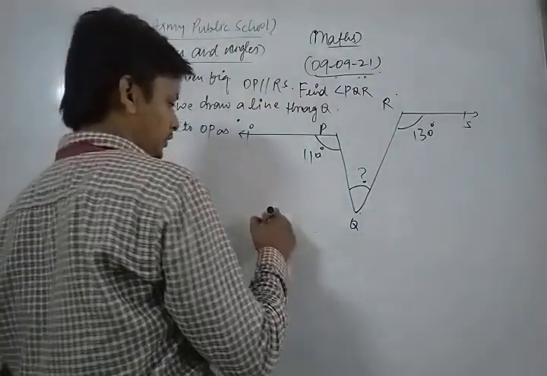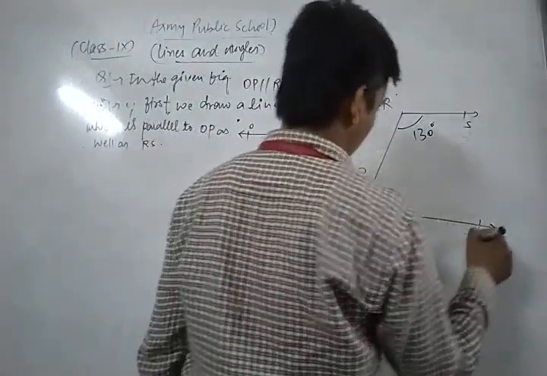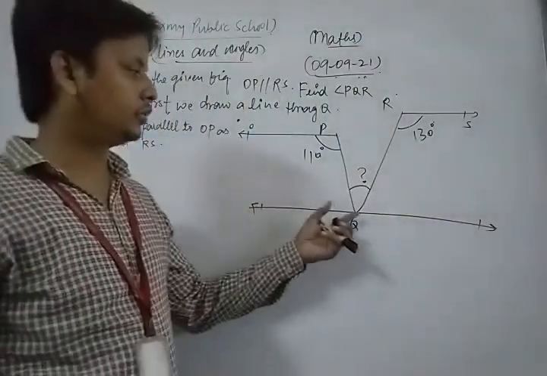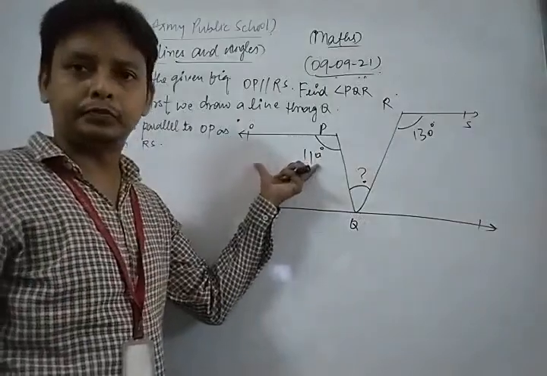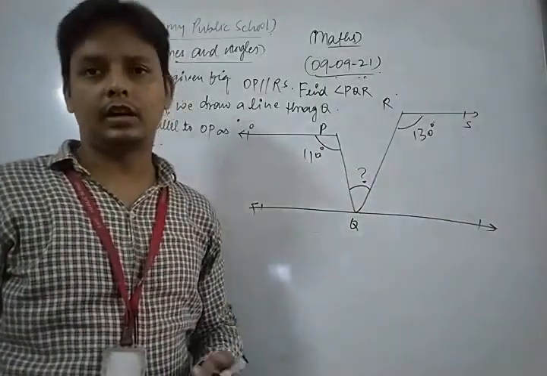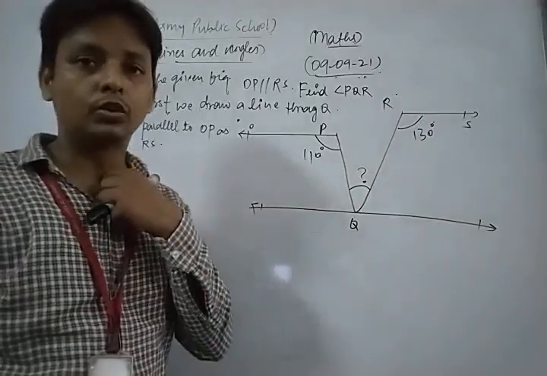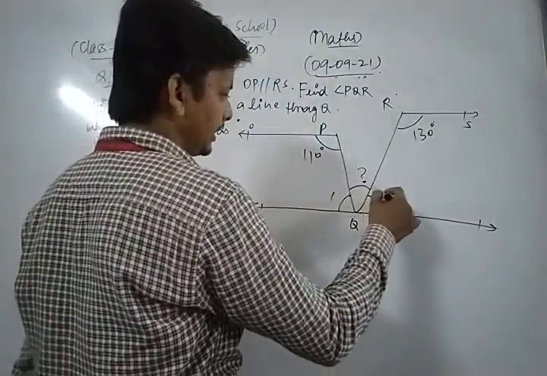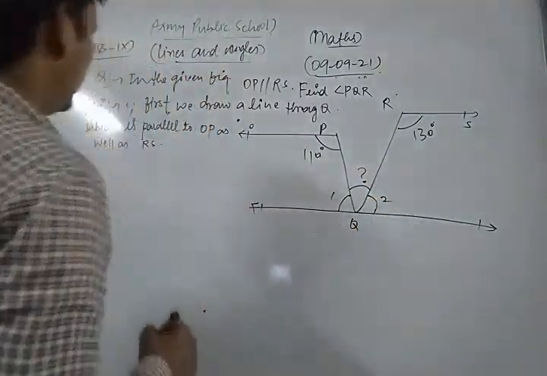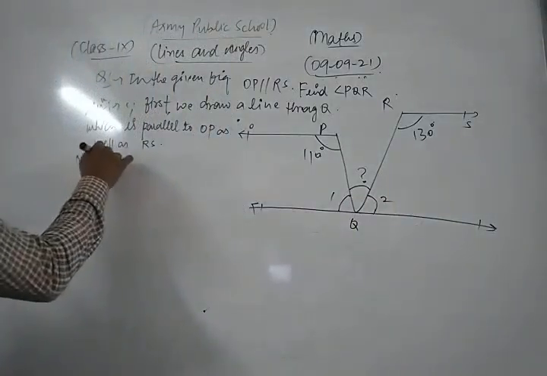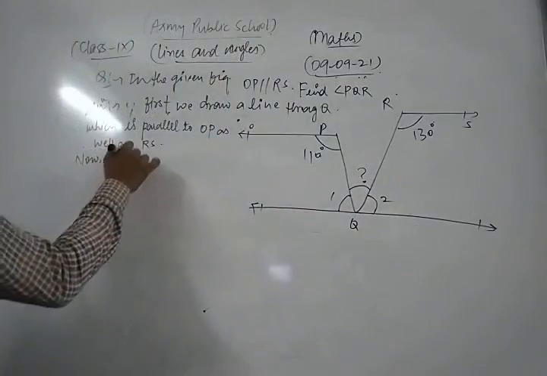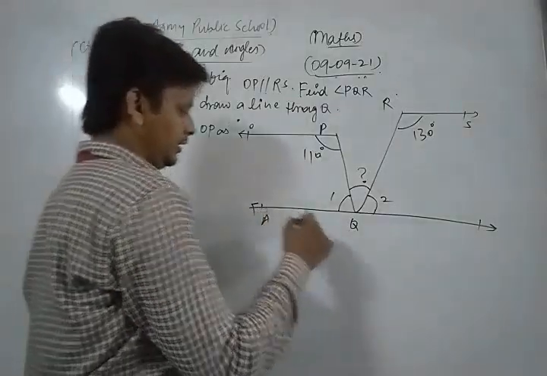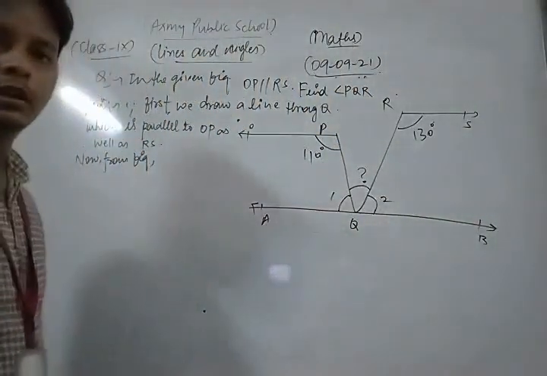Now look, we draw a parallel line through Q, parallel to OP as well as RS. We take this as angle 1 and this as angle 2. Now from the figure, we take the line AB.